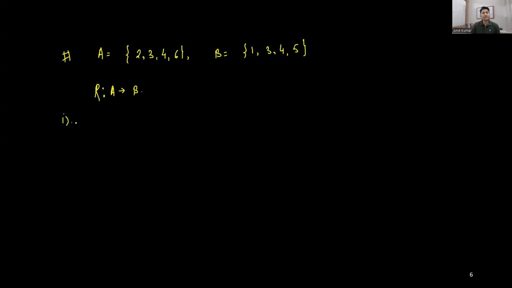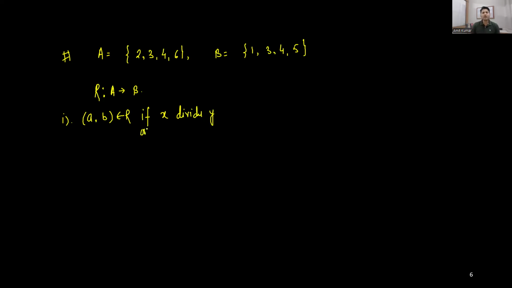The first rule I am using: (x, y) belongs to R if the condition, which may be anything you decide, is that x divides y. When I say divides, I am talking about complete divisibility.